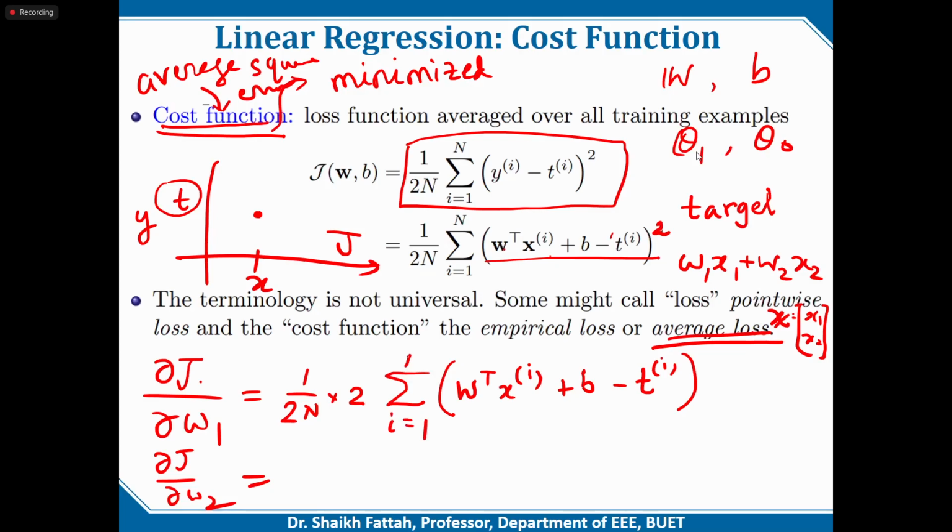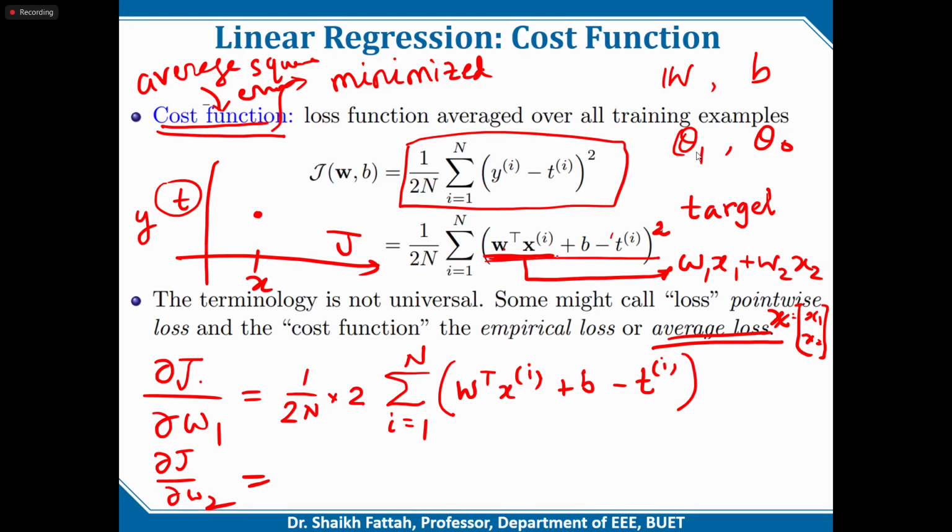So by the chain rule, you did it for the square, then you have to look inside and see which one is a function of w1. This b is not a function of w1, and t is not a function of w1.